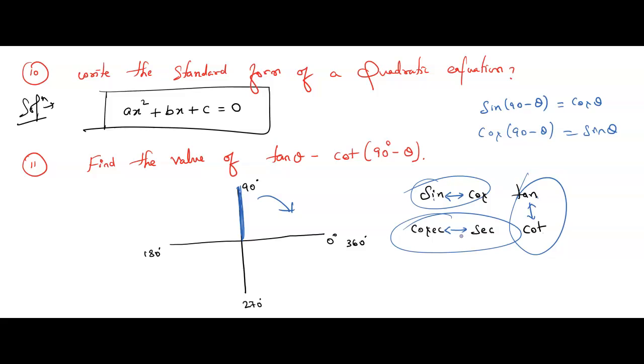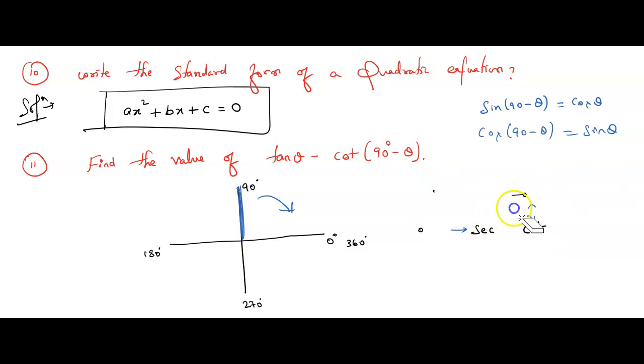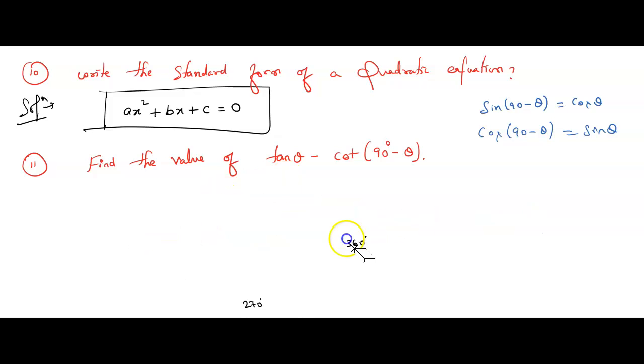Any doubts? Understood? Good. Now we are solving this problem. I hope you have understood the complementary angles and the quadrant system, right? See children, here the solution is tan theta as it is, minus, what is cot of 90 minus theta?